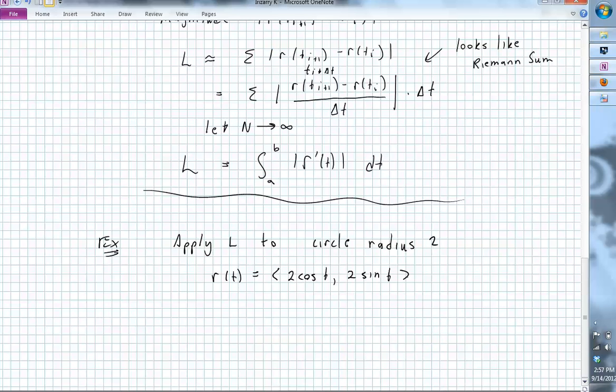Okay. What's the answer? Oh, and I should be a little bit more careful, for t between 0 and 2 pi. So for t on the interval 0 to 2 pi, how long is this curve? 4 pi, right? So we can use the circumference formula.